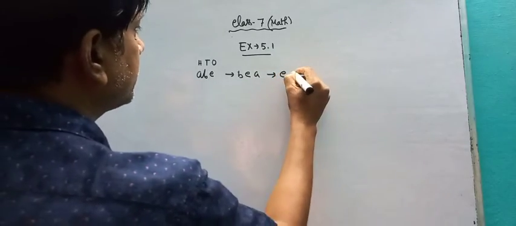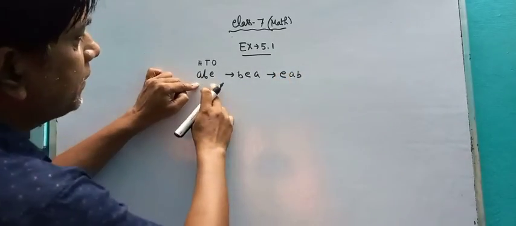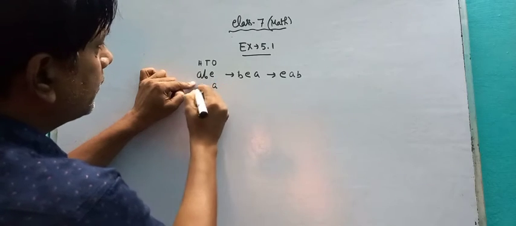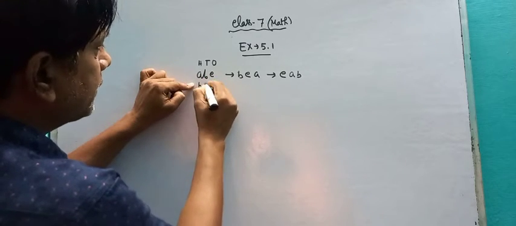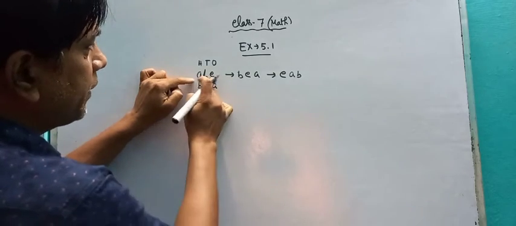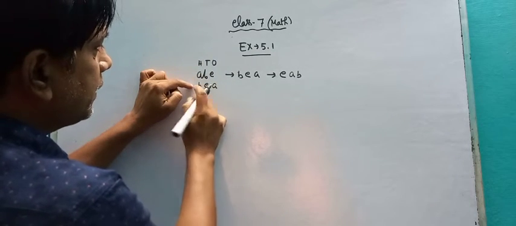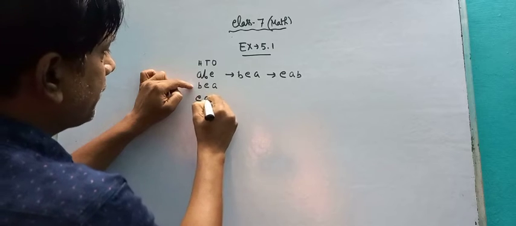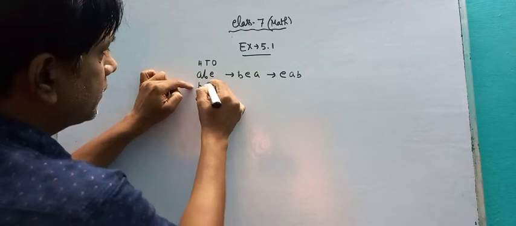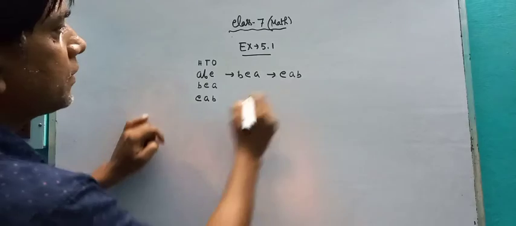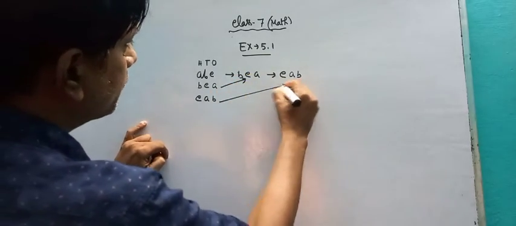CAB. See that. ABC. A will go here, B will come here, C will come here. B comes this side, C goes this side, A comes this side. Again, C will come there, A will come here, B will go there. See the one side left, these two are there.